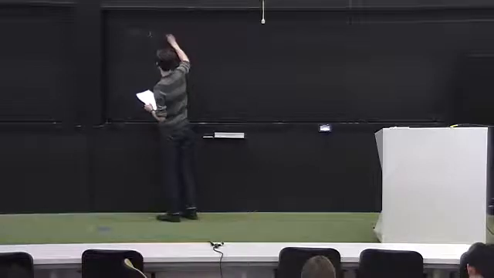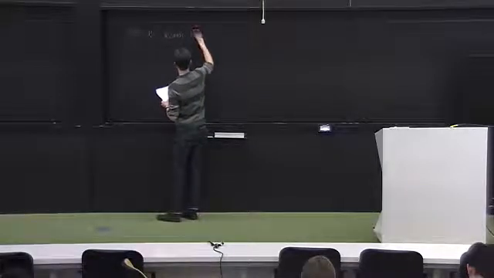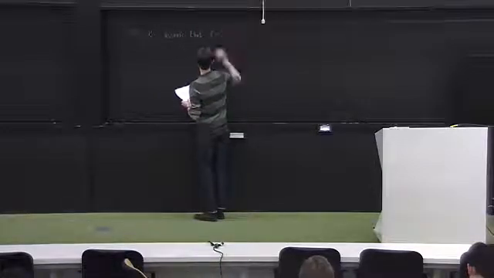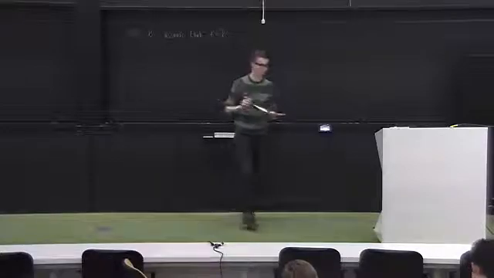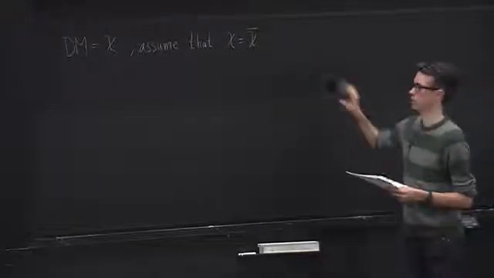And for now, it's not hard to relax this, but I'm going to assume that the dark matter is its own antiparticle. Again, you don't have to assume this. If you don't assume it, I'd have to write down separate Boltzmann equations for the dark matter species and its antiparticle. But for now, I'm just going to assume this to make my life easy.